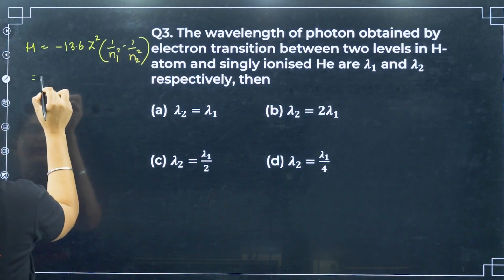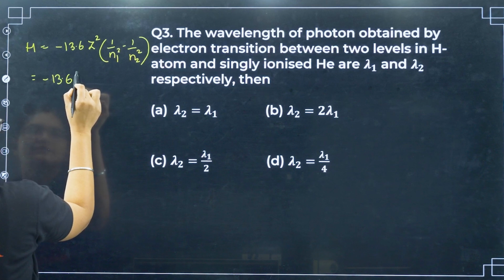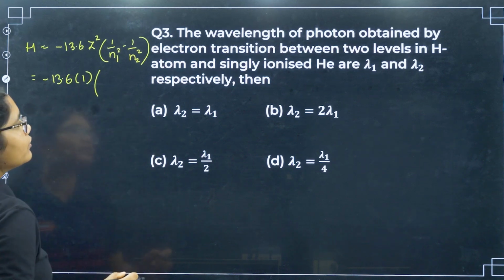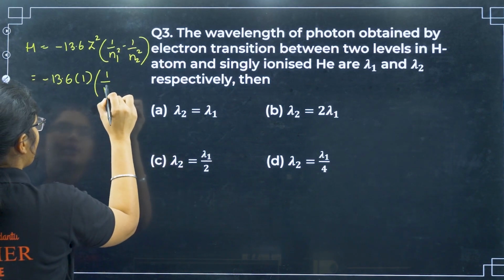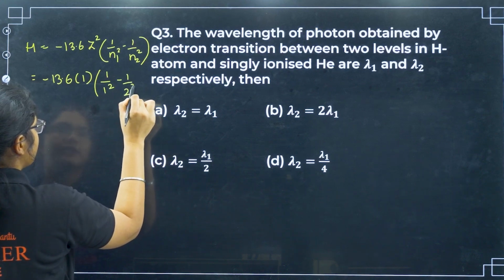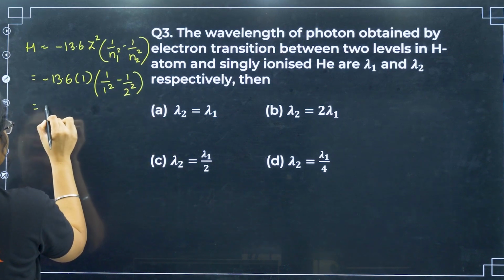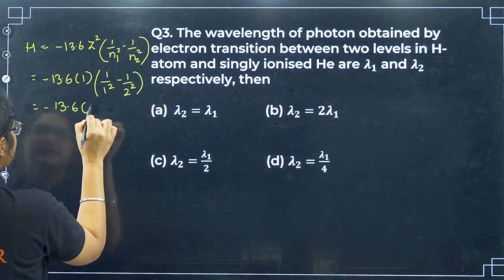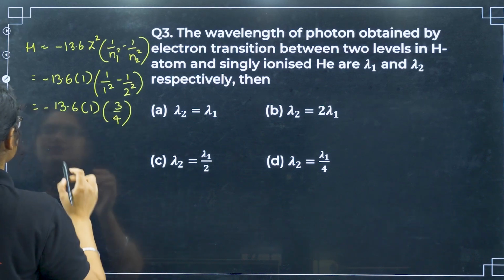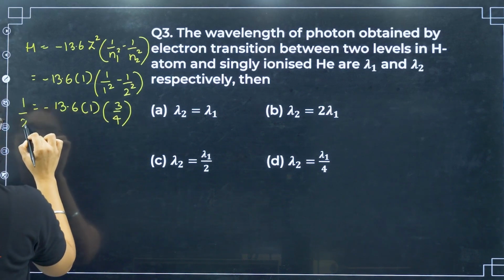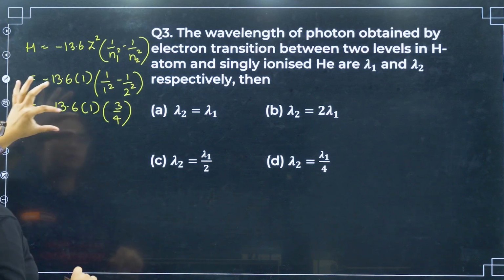Now here I can write minus 13.6, Z square is 1. Two levels, you can take ground level and the second level. So 1 by 1 square minus 1 by 2 square. So that will give me minus 13.6 into 1 into 3 by 4, okay. So this is the value of 1 by lambda 1.